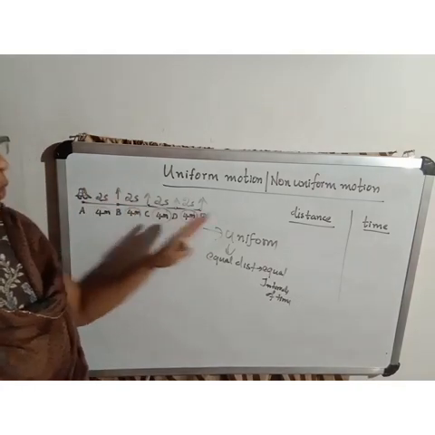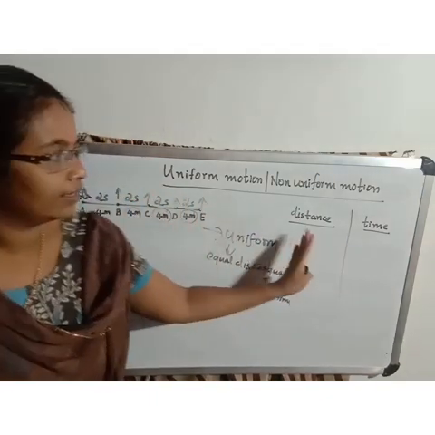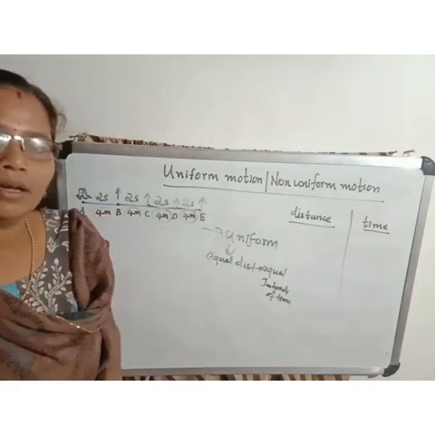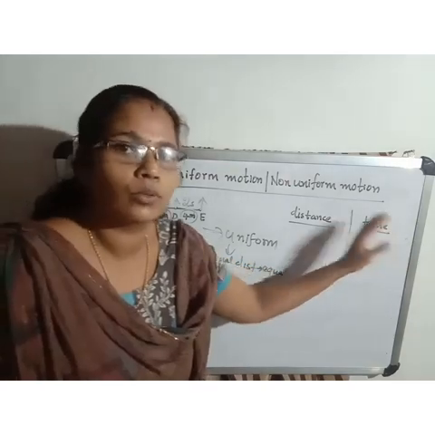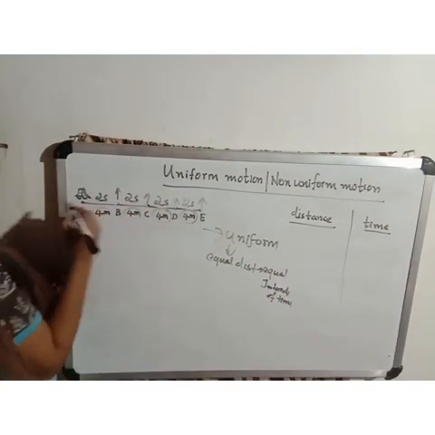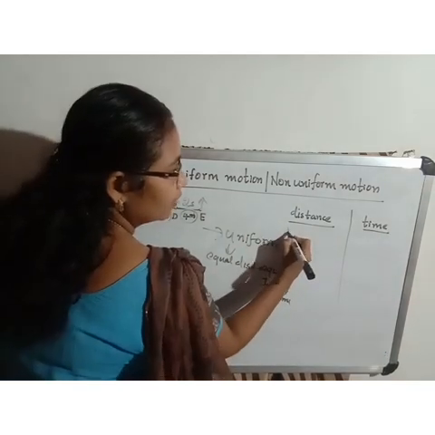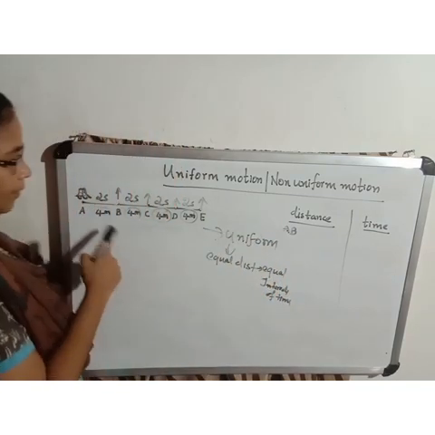Now I am going to write the same data in a distance column, and I am writing the total distance covered at each instant and also the total time. At first the body goes from A and reaches B. So the total distance covered is AB.